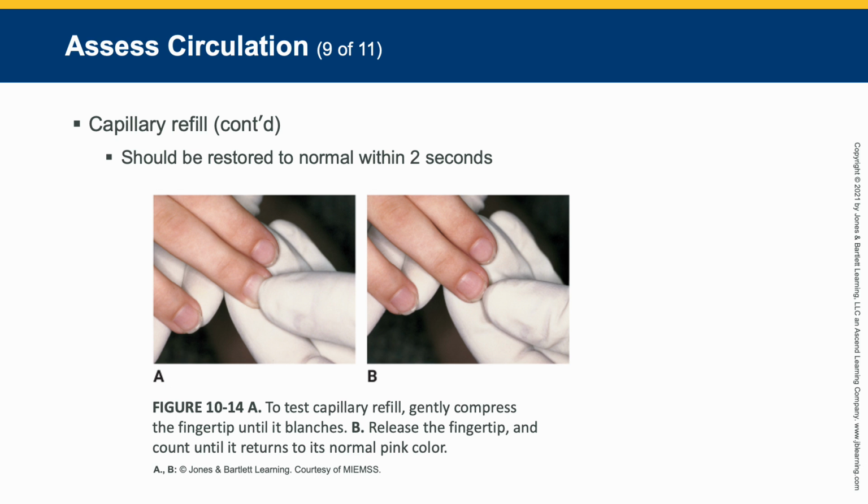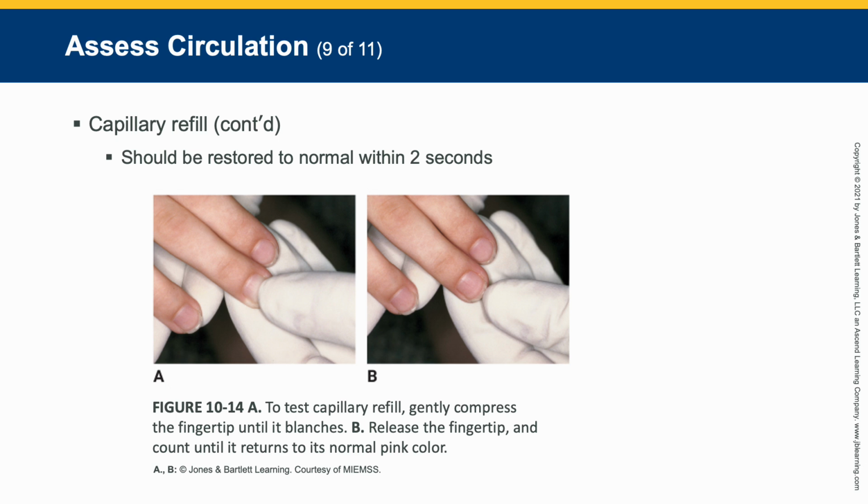So again, here's the technique once again. Using your thumb and your forefinger, gently squeeze a fingernail or toenail, or even an area of skin such as the forehead or the sternum on infants. The area should turn white, which is what we call blanching, as blood is forced out of the capillaries of the area.